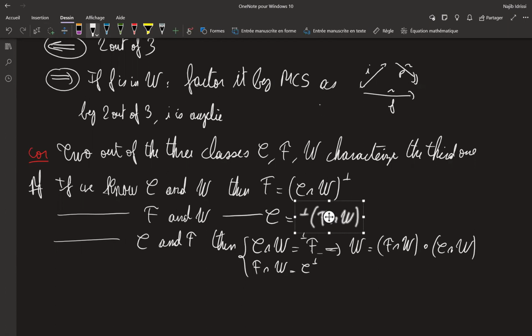This is valid, but this is not necessarily a model category, because you still have to check all the other axioms. Well, for example, you have to check that fibrations are the set of maps which have the right lifting property with respect to C cap W, which is not automatic, right? If I give you these two classes and I define C like this, it is not necessarily the case that F is given like this, right? This is a very particular situation.